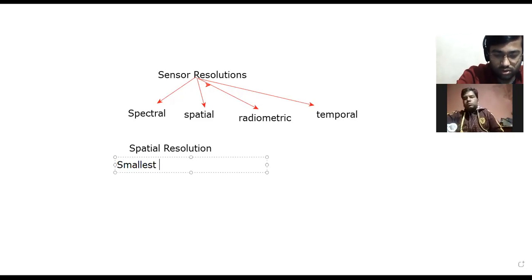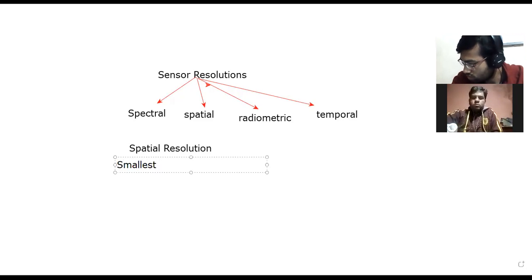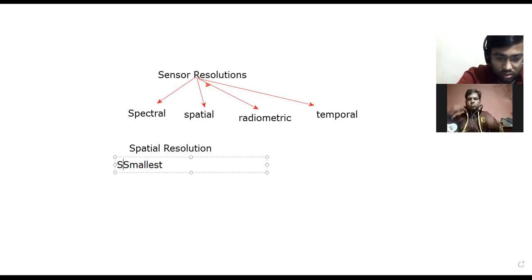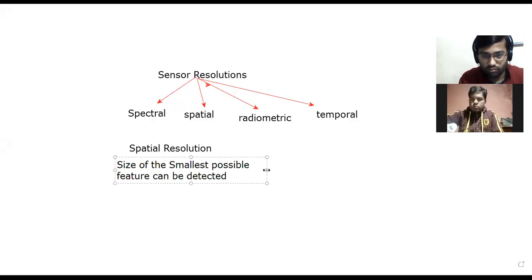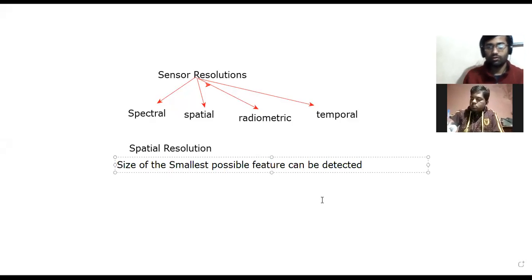The size of the smallest possible feature that can be detected is determined with the help of spatial resolution.